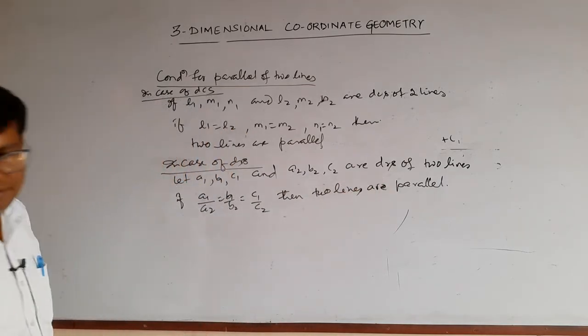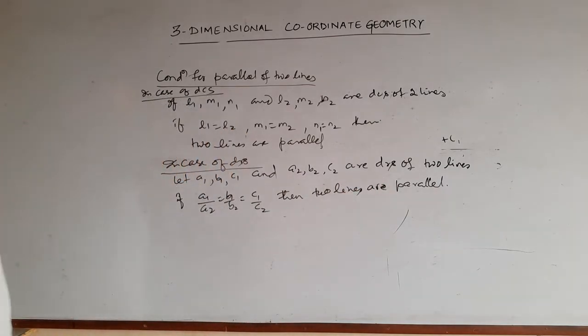Two lines are collinear if DRs are proportional.